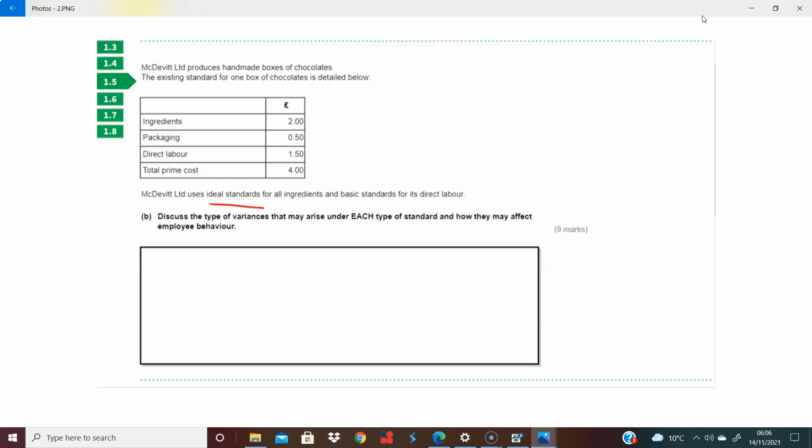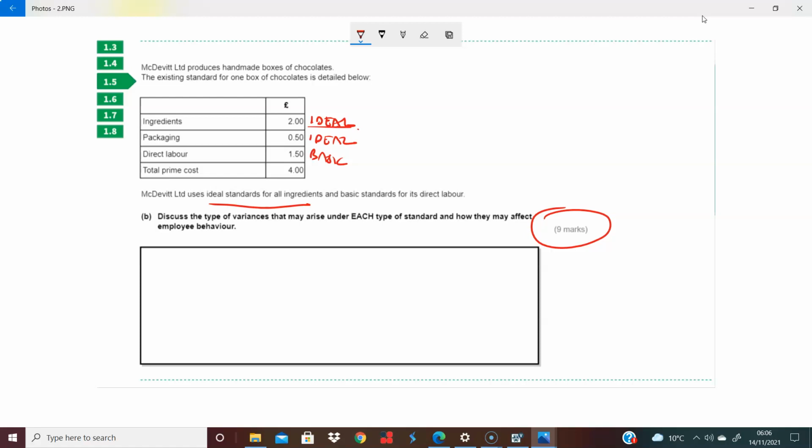So they use ideal standards for ingredients. They use ideal here, and here we have basic. You can see it says 9 marks.